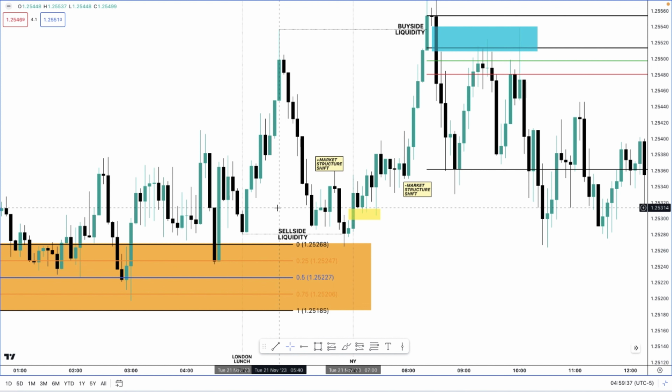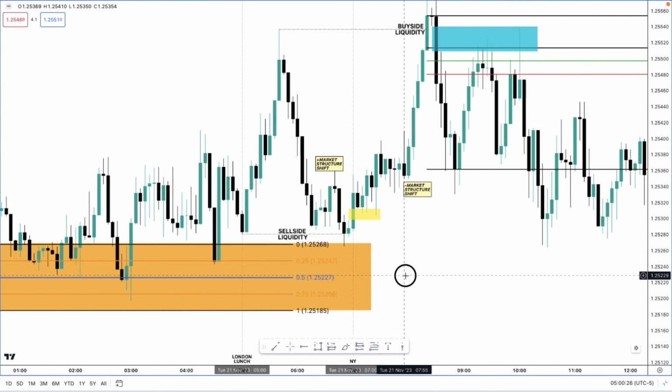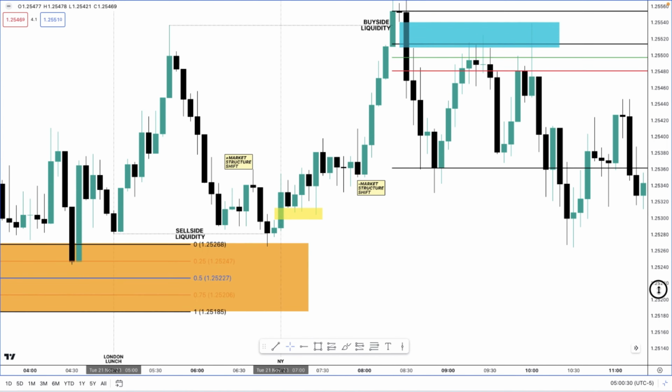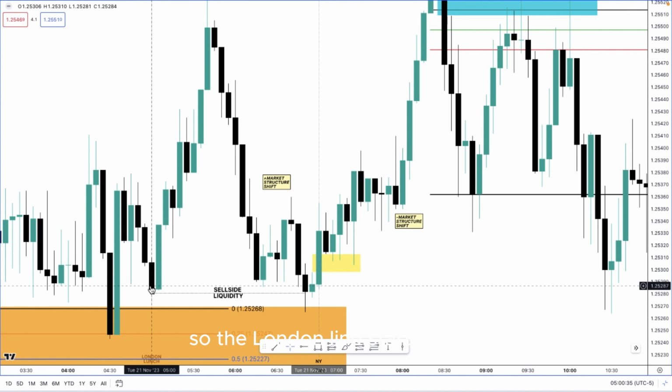You expect no movement during the London lunch, or very little movement. For this day, during the London lunch, we had, so the London lunch started here.